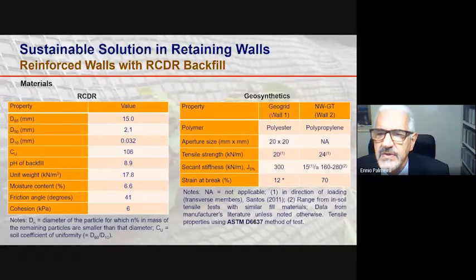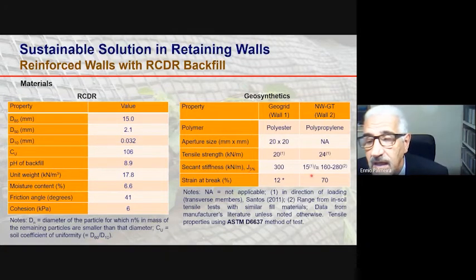The geogrid of wall 1 was a polyester geogrid with 20 by 20 millimeters aperture, tensile strength of 20 kilonewtons per meter, secant stiffness at 5% strain of 300 kilonewtons per meter, and a strain at break of 12%. The non-woven geotextile used in wall 2 was a polypropylene geotextile with a tensile strength of 24 kilonewtons per meter and a secant tensile stiffness of 15 kilonewtons per meter under unconfined conditions in air tensile tests.